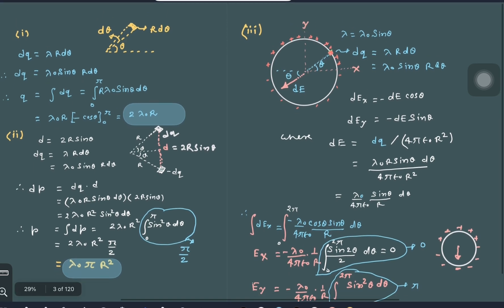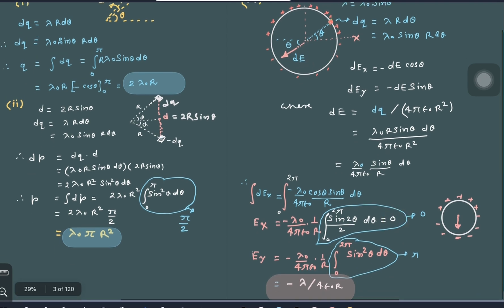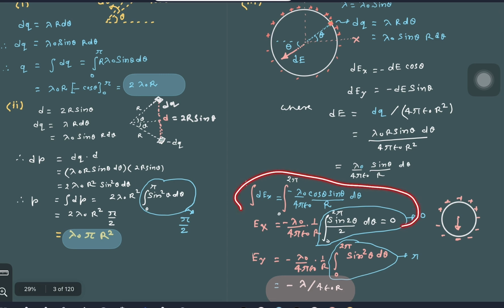And by symmetry also we can realize that here there will be another element, negative here. Its field will be like this, and these two will produce field in the y direction. So we can expect that the net field will be in the y direction. So the x component has to come 0. That we have obtained, 0. We can even leave it by symmetry. We need not calculate it. Thus, for the practice, I have done it here.